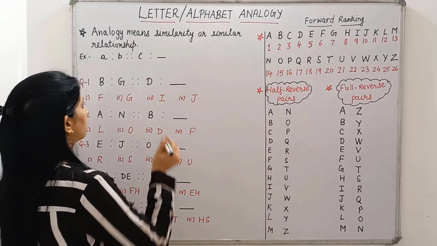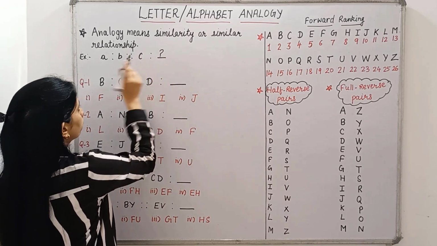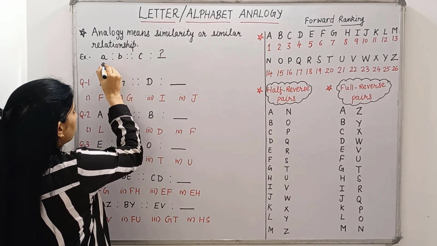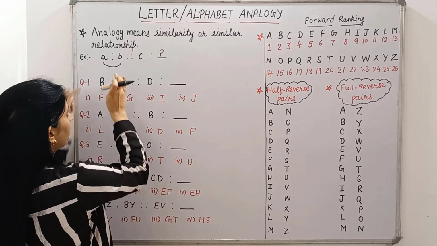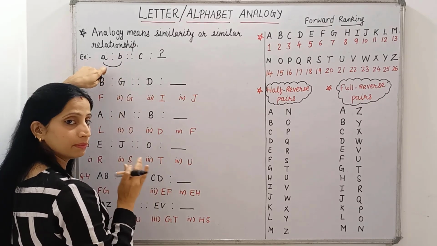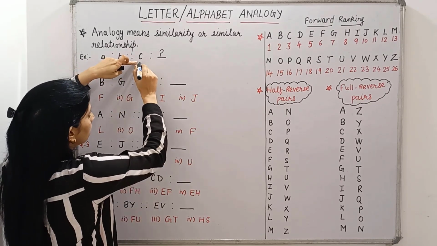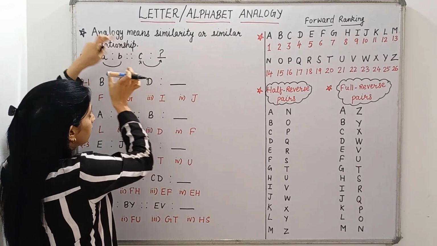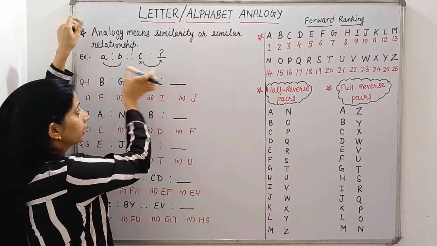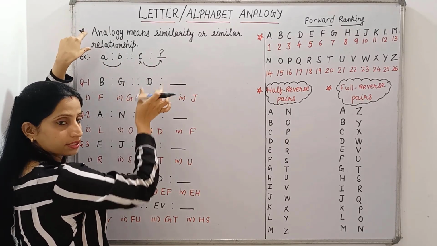To find out this term, we have to find out the relation between the first two terms. Okay, and then we have to apply the same relationship in the third term to get the fourth term. Means there will be the same relationship in both the pairs.